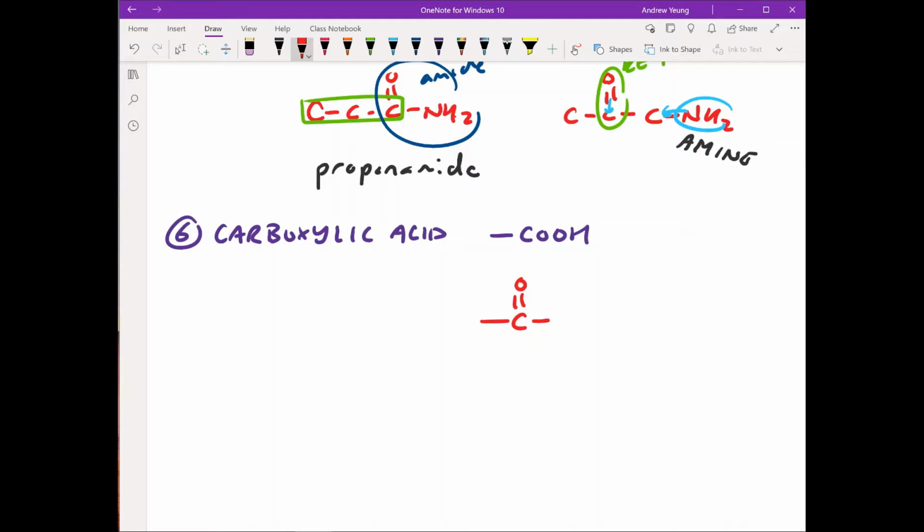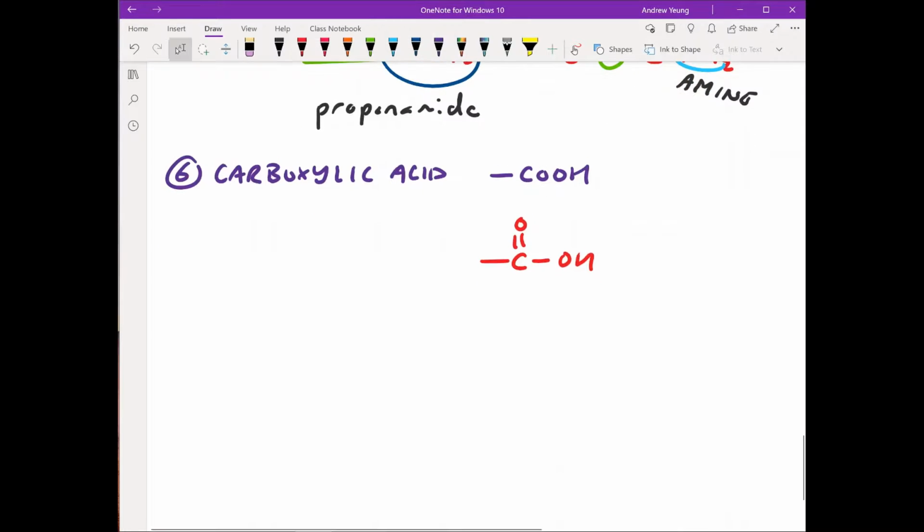Instead of holding an NH2 like an amide does, it holds an alcohol group, an OH group. Anytime you see this, we've done this before: we give it the common name, based off of acetate, acetic acid, just to remind ourselves that it is an acid.